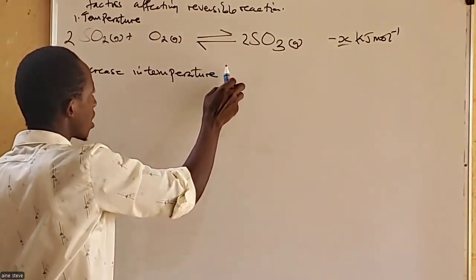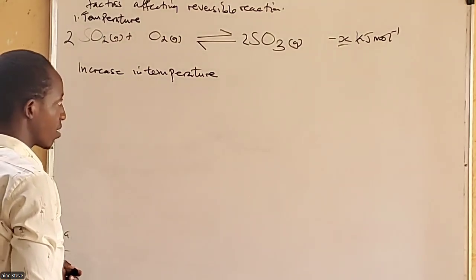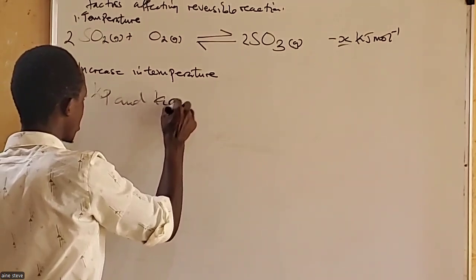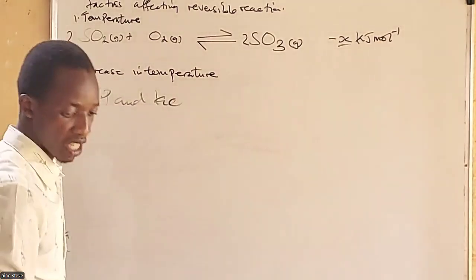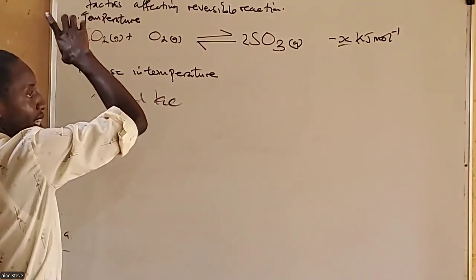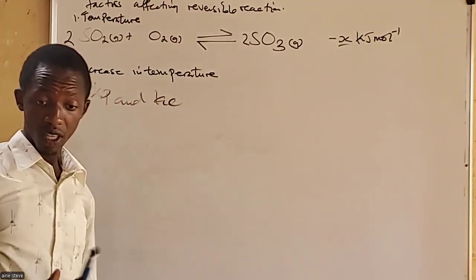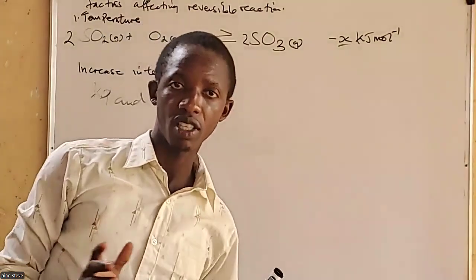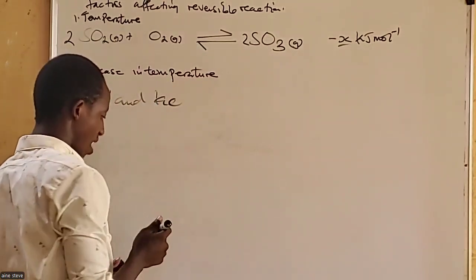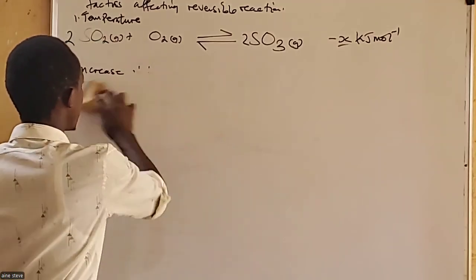But if the equilibrium shifts from the right to the left, the equilibrium constant value Kp and Kc will have to decrease, because you are decomposing this, you are forming the reactants instead of forming the products. So it is very important for you to take note of how the factor temperature affects. That is one, that is temperature.